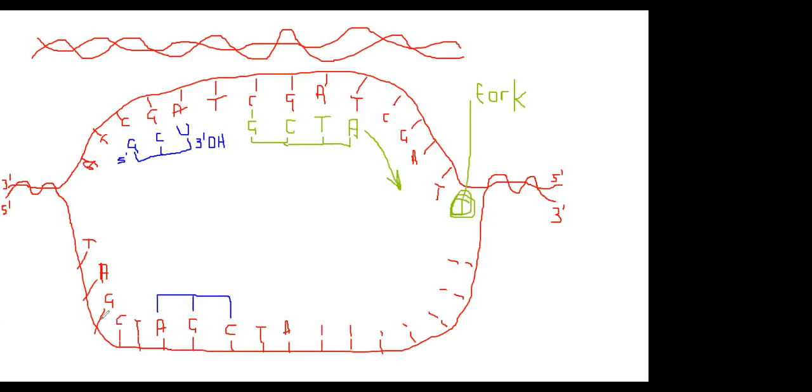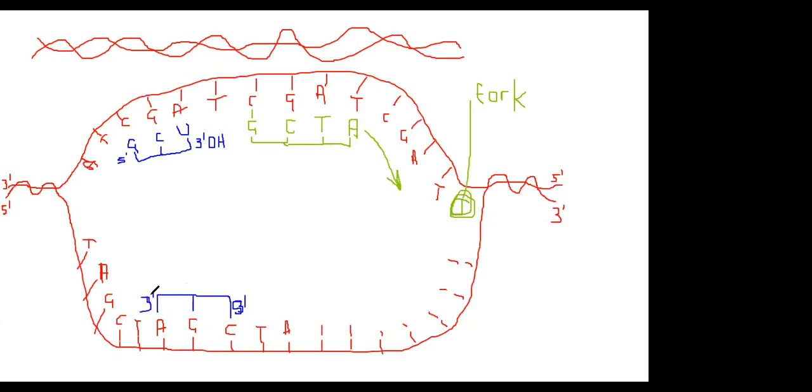And now, because this strand of DNA runs from 5' to 3', then a complementary strand of nucleotides will be the opposite. We'll have the 5' on this end, and the 3' hydroxyl is on that end.